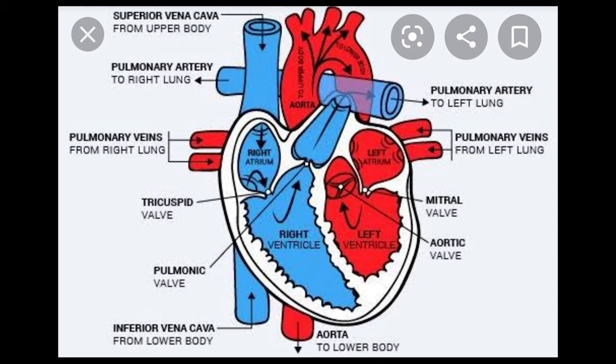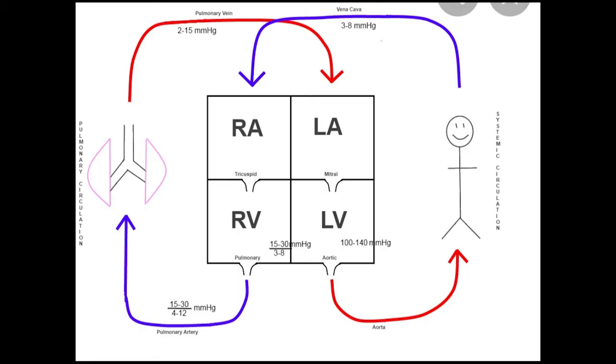Now we are concerned with the left side blood flow in the heart. Pure blood or oxygenated blood comes to the left auricle from the lungs through pulmonary veins. These pulmonary veins are 4 in number, and they are also an exception from all the veins.